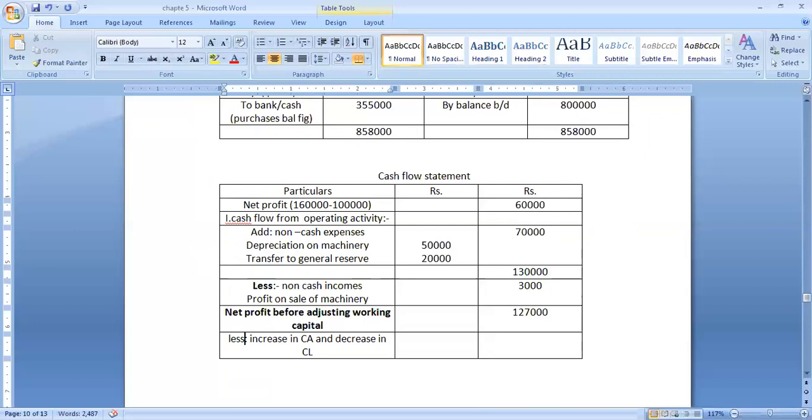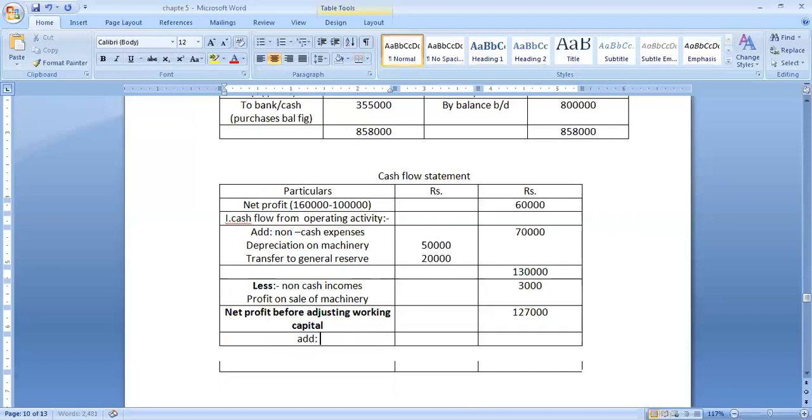Either way you can take. Either you can take the add information first or the less information second. No issues. Okay. So no problem. Here you take the additional information only. Add the decrease of current assets and increase of current liability.